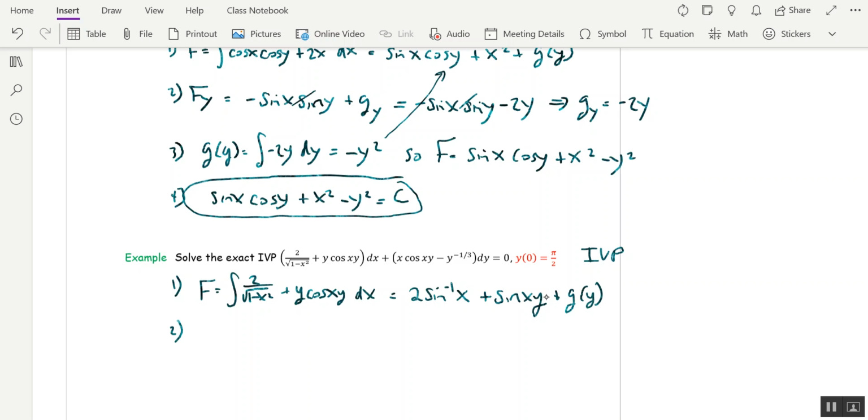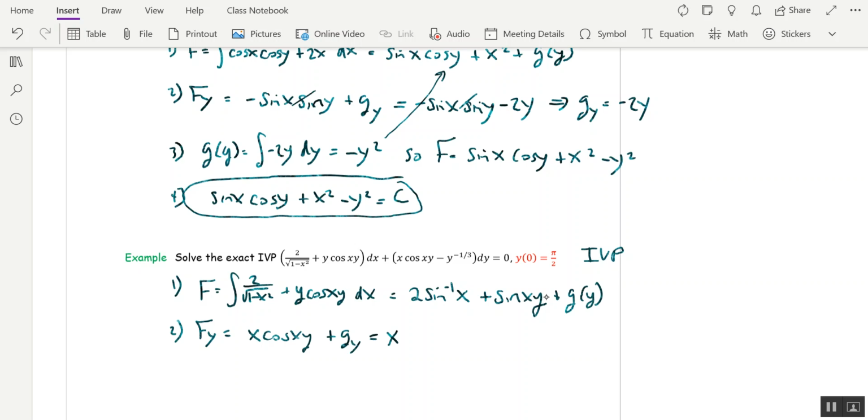Step 2, take f sub y. So 2 sine inverse of x, that partial will be 0. And then I'll get partial with respect to y. X is a constant, so x cos xy plus g sub y. And set that equal to n.